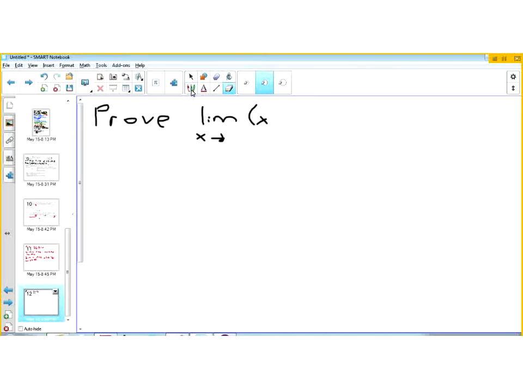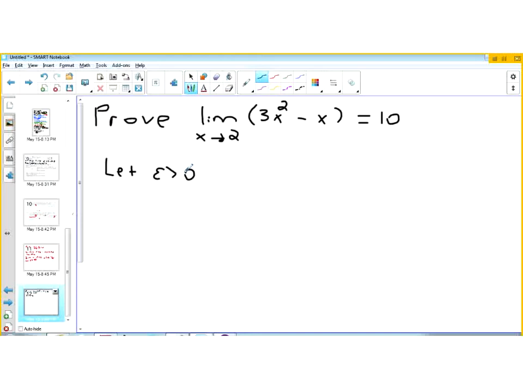I want to do a harder one. Let me erase this. How about the limit as x approaches 2 of 3x squared minus x is equal to 10.